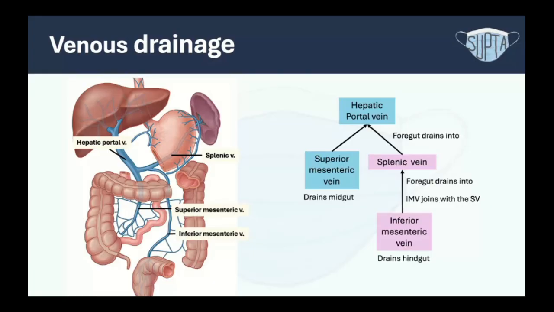And together, the splenic vein and the superior mesenteric vein would then form the hepatic portal vein, which enters the liver. And this allows all the toxins absorbed from the colon to be processed by the liver for detoxification. And this is also why colorectal cancer tends to metastasize to the liver first, as the tumor cells travel via the portal vein.